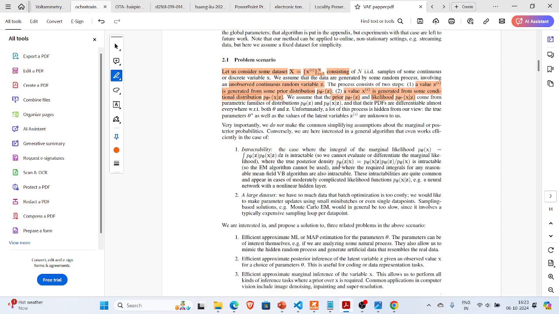Now these are the two problems we have here. It's very important to understand them carefully. What do we call this one? A marginal likelihood. This is likelihood times prior, and we are marginalizing that.